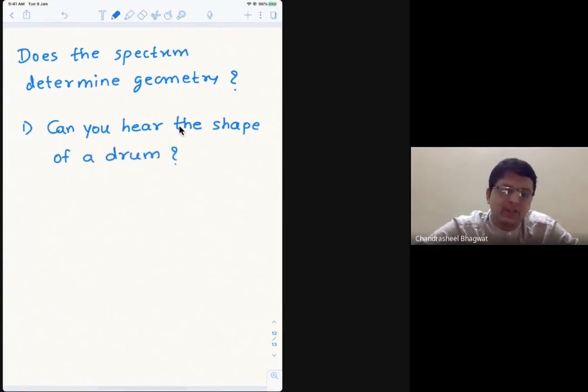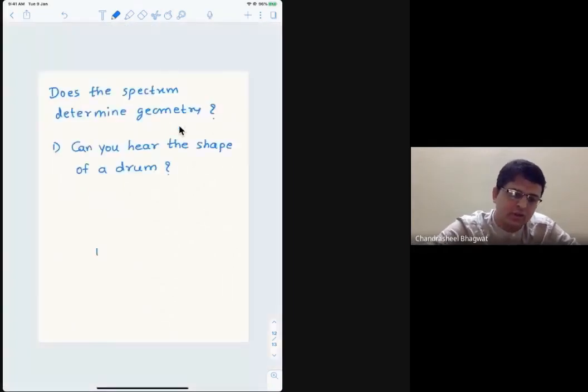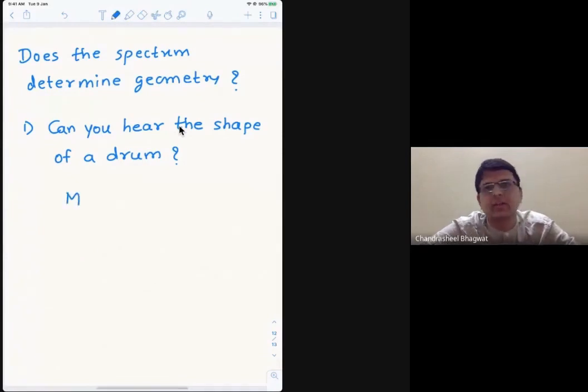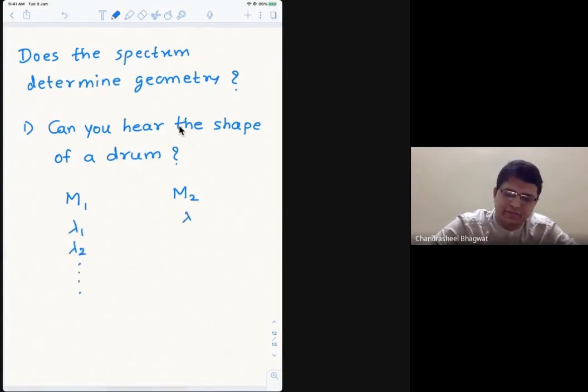What this question is really asking is that you have two objects. Let me not go into the precise definition of what kind of objects one is looking at. The technical word is compact Riemannian manifolds. So suppose you had two geometric objects. Both of them have spectra, and the spectra are identical.